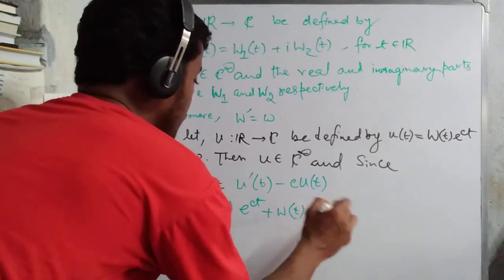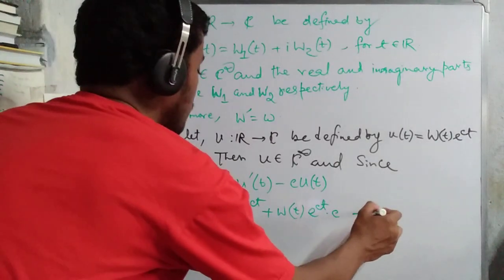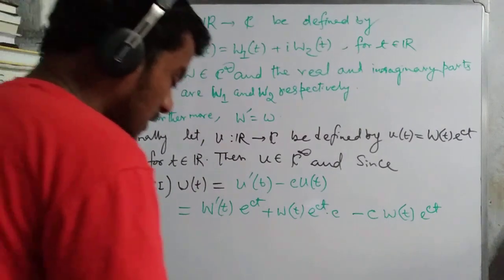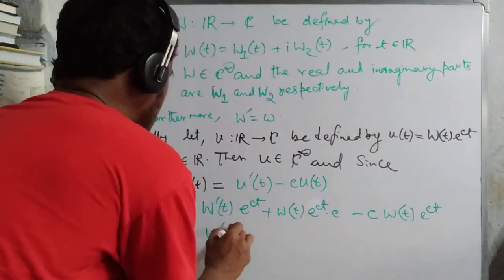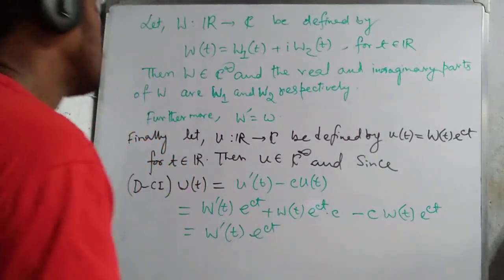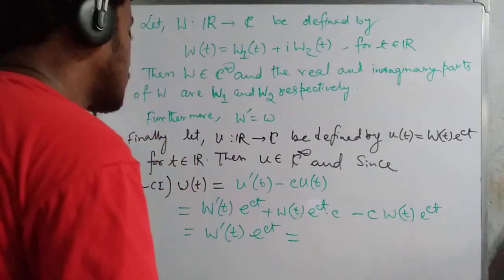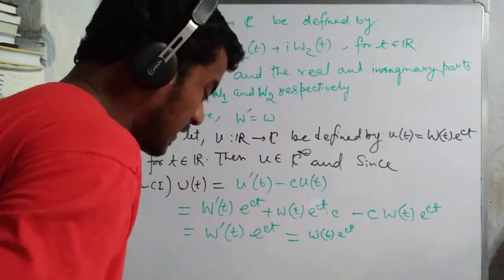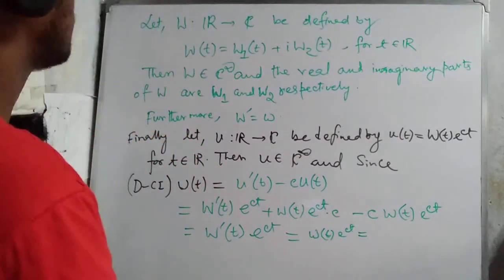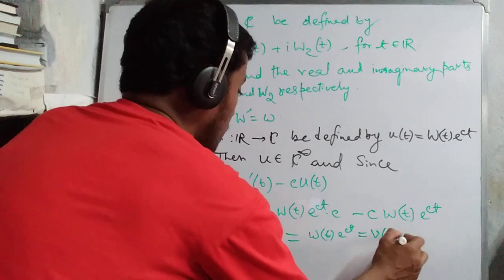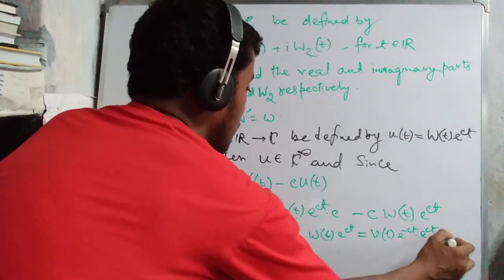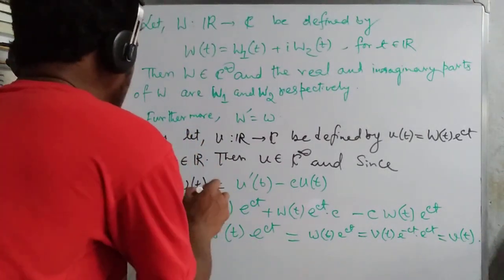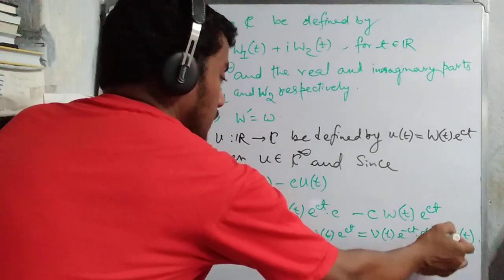Then this equals small w(t) e to the power ct, which equals v(t) e to the power minus ct times e to the power ct, so this equals v(t). Understood? That means (D − cI) u equals v.